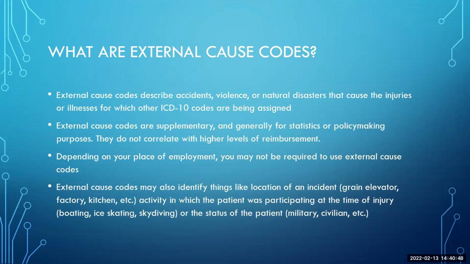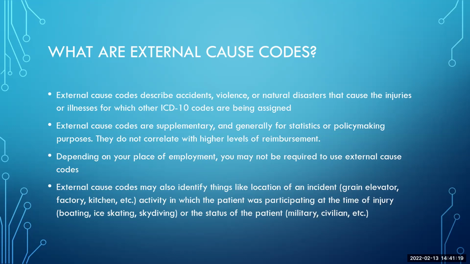When you are working in the field, your job will tell you if and when they use specific external cause codes. Their primary purpose is for statistics and for making specific policies related to certain types of injuries or conditions. So they do not relate to a higher level of reimbursement, but they do provide a more complete picture about what is going on with the patient.